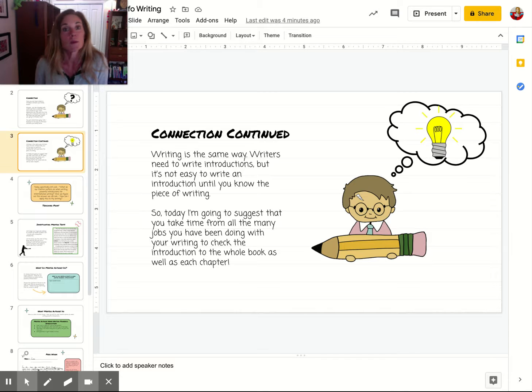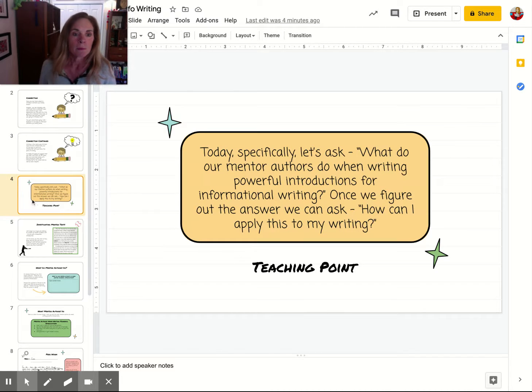It's uncomfortable because they don't know what the book is about. So today you're going to think about how to make your reader really comfortable and understand what they're going to learn in your book. Specifically, you're going to ask, what do our mentor authors do when writing powerful introductions for informational writing?